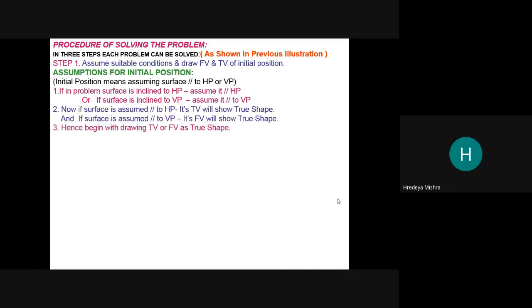vertical plane. Now if the surface is assumed parallel to the HP, meaning the horizontal plane, then its top view will be the true shape. And if the surface is parallel to the vertical plane, then the front view shows the true shape.